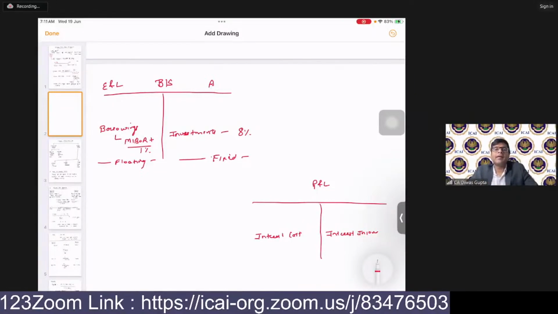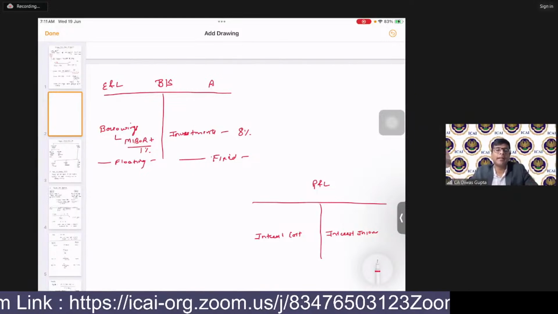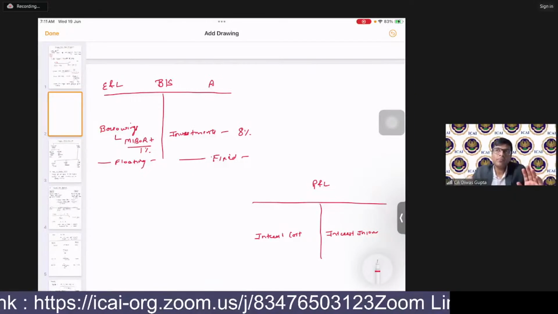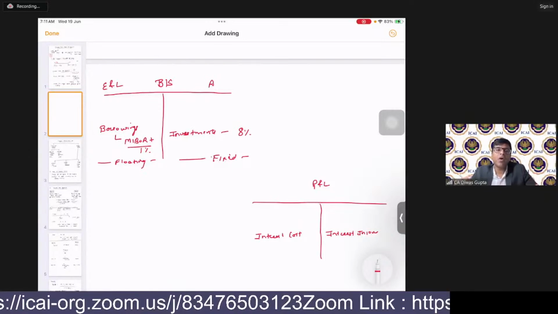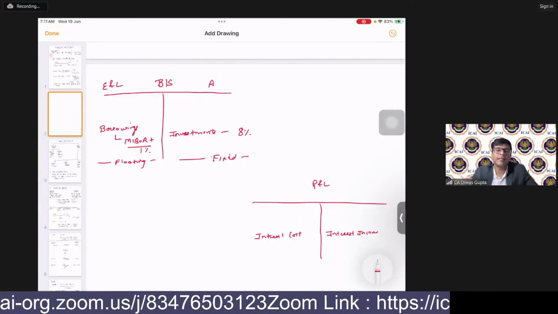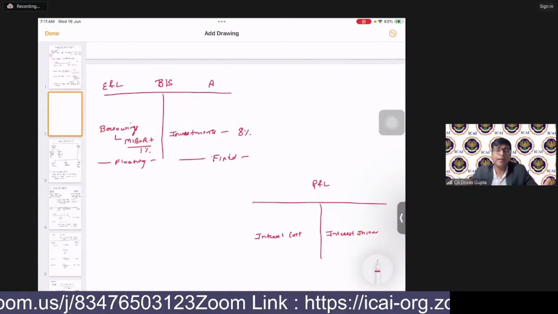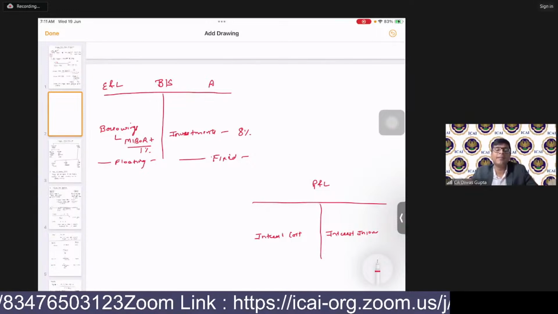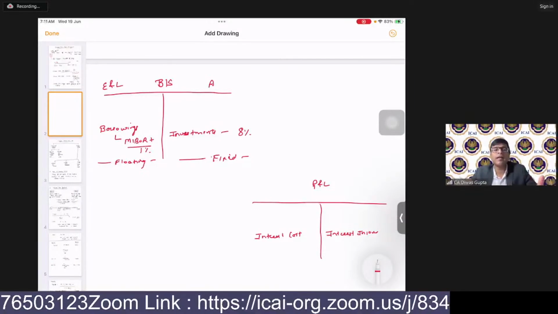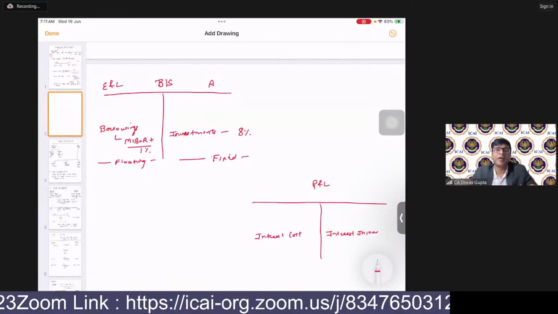MIBOR is basically an interbank market's benchmark rate. For example, credit is taken or given on a retail basis. On a retail basis, I mean, let's say I am a company or an individual who wants a home loan, or a company wants some other loan for business purposes, they will approach a bank and the bank will lend to them. That is retail lending.